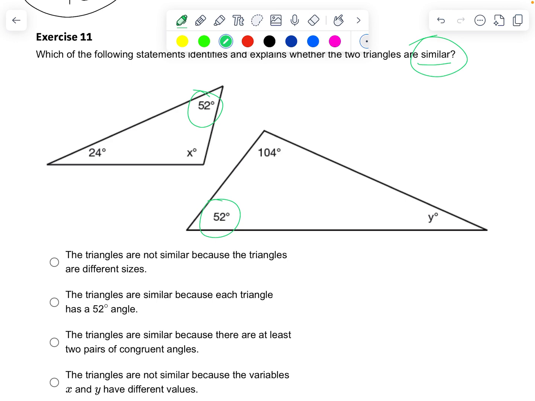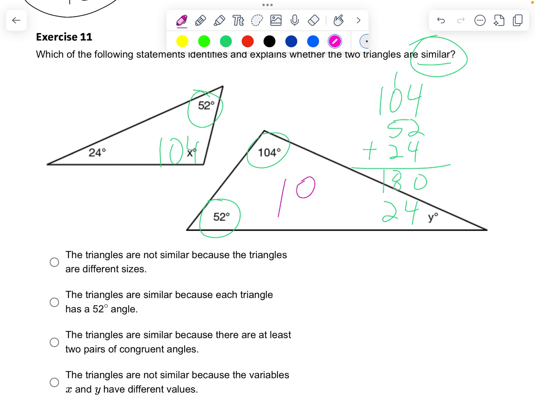So what we need to know is, could this be 104? Because the other one, this one's 104, right? And could this be 24? If they all add up to 180, then yeah, it's going to work. So let's add them together. 104, 52, 24. You get 180.